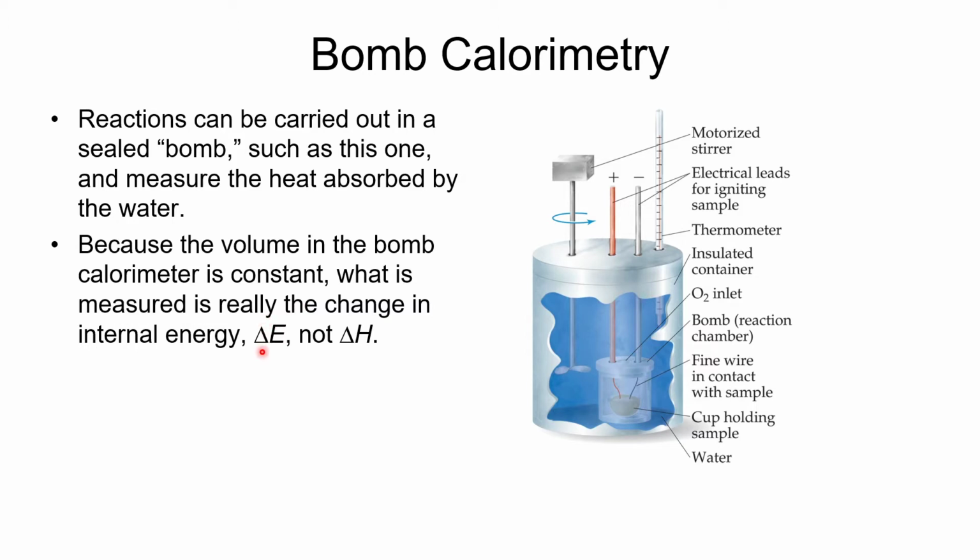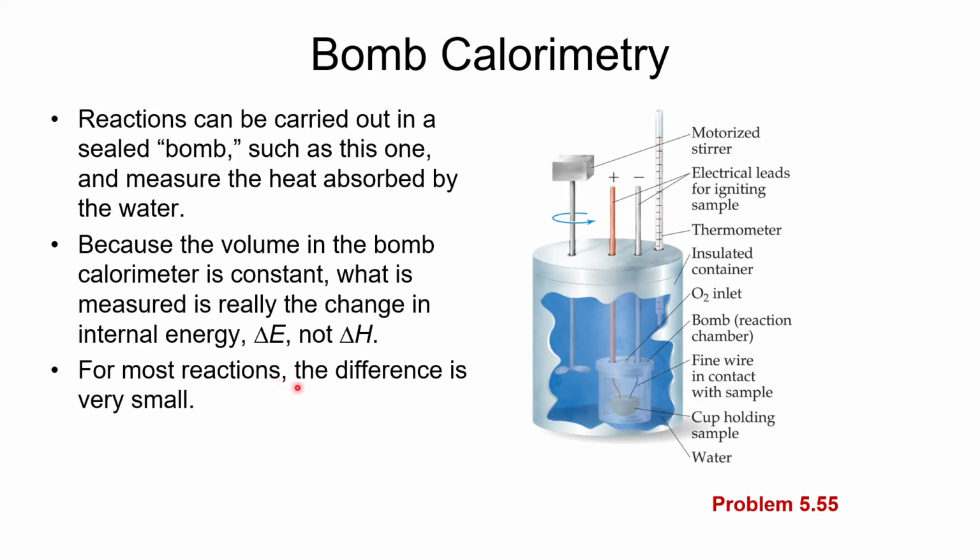So really what you're going to get is delta E, the change in internal energy, instead of delta H. But as we've seen before, usually that's a pretty small difference. So I want to show you how it is that we go about calculating the heat for a bomb calorimeter.